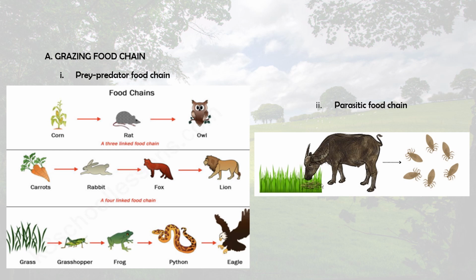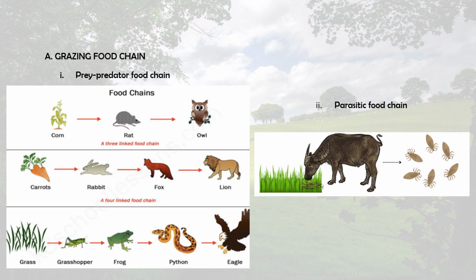And the next one is the parasitic food chain, where the plants and animals are infected by parasites. One example is the presence of ticks or mites, termites.